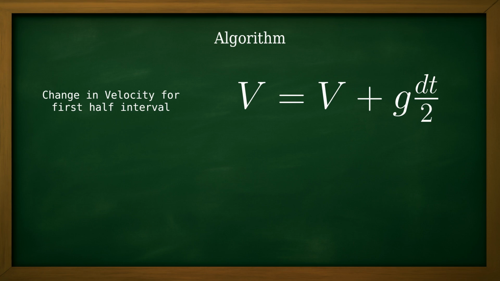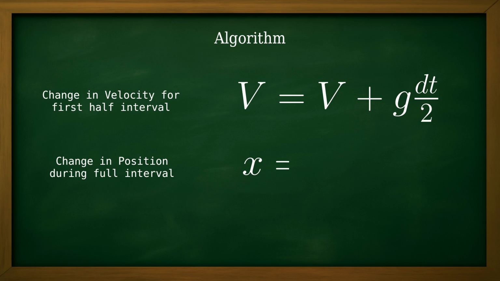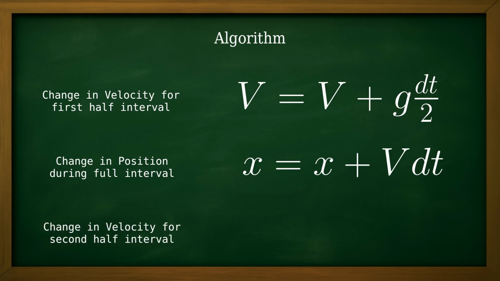Then use that velocity to find the position after dt. That is x equal to x plus v dash times dt. Then update the velocity for the full time interval, v is equal to v plus g dt by 2.